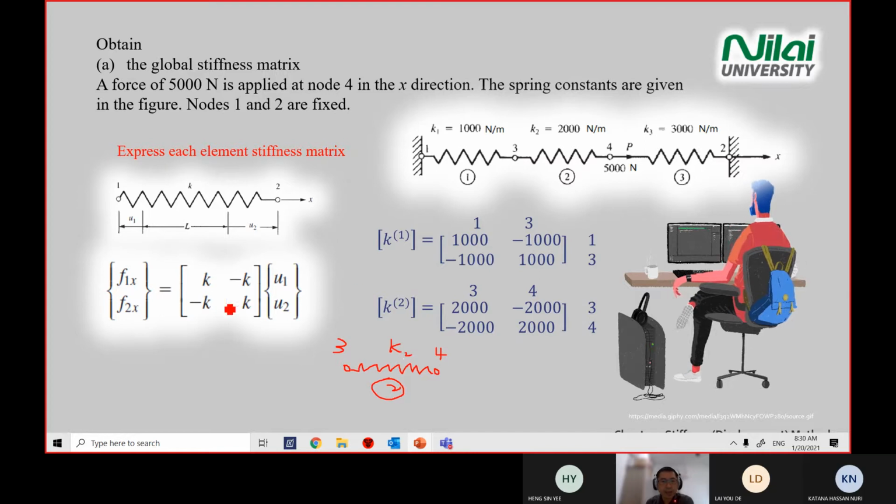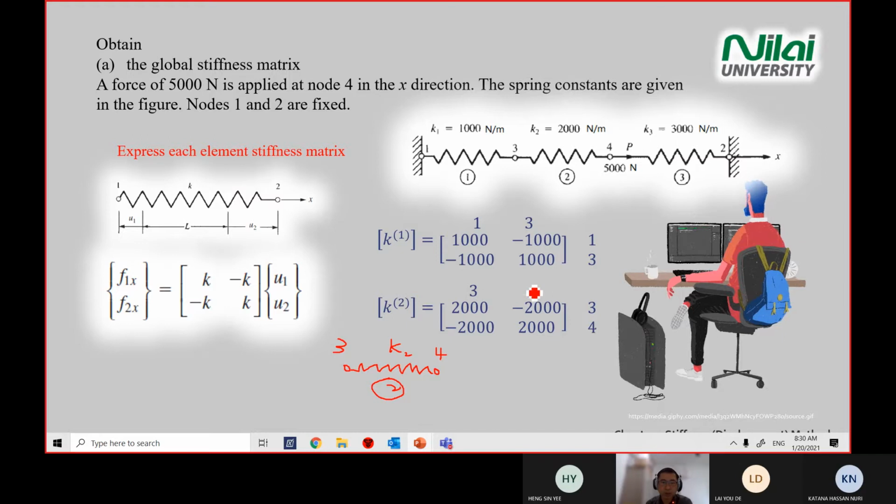So you're still looking back at the general diagram on the left-hand side of the screen, and then you apply it to what you see on the individual element that you drew on your paper. You just import all the known values into the matrix there.